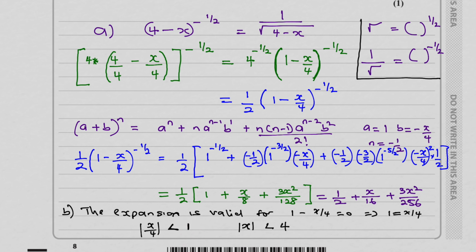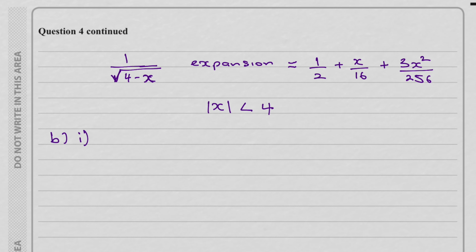So if you multiply both sides by 4 to cancel that 4, to find the value of x, you're left with the modulus of x has to be less than 4. For part b, part 1, where x cannot be equal to minus 14, that should not be used.